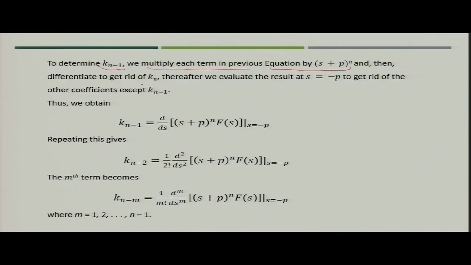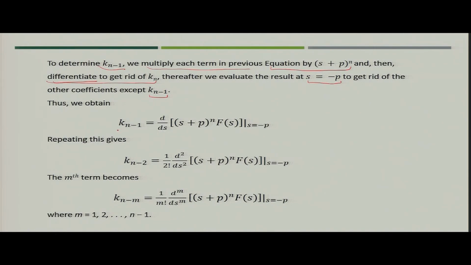We can get rid of K_n if we differentiate the whole expression. We first multiply by (s plus p) to the power n and then differentiate the whole expression to get rid of K_n. Finally, you can put s equal to minus p in the final expression and you will simply get the value of K_(n minus 1).